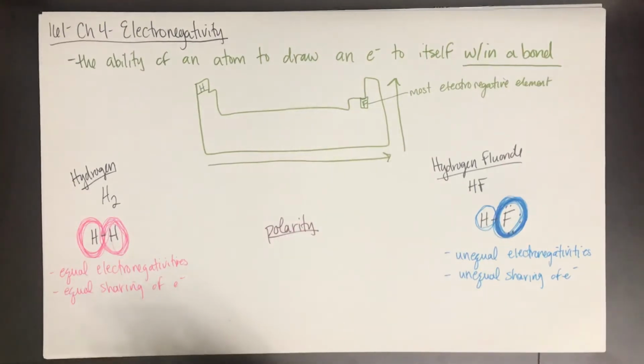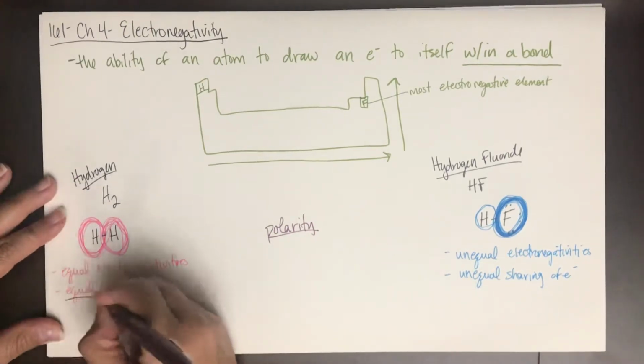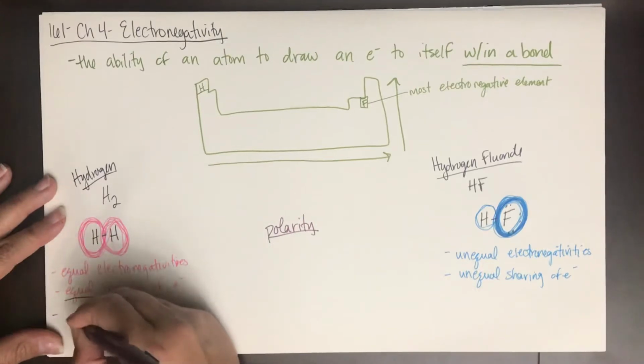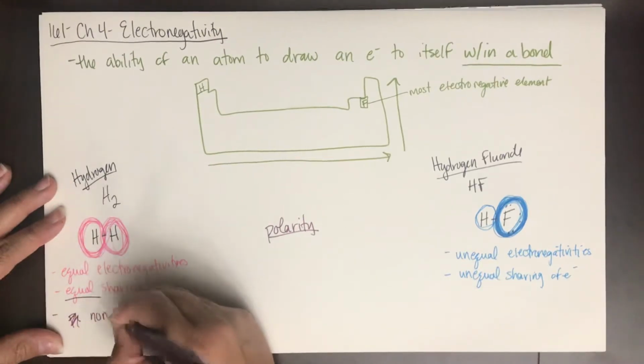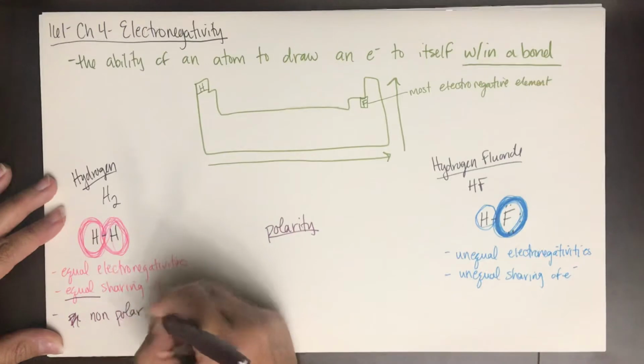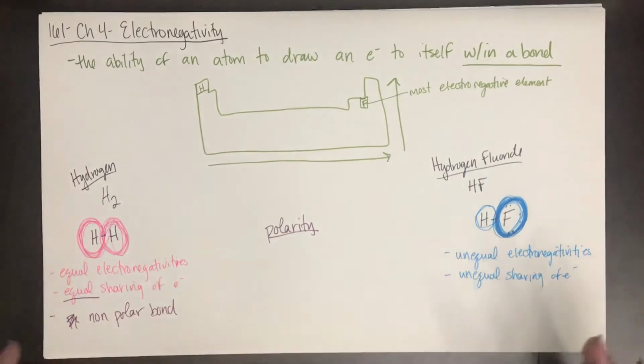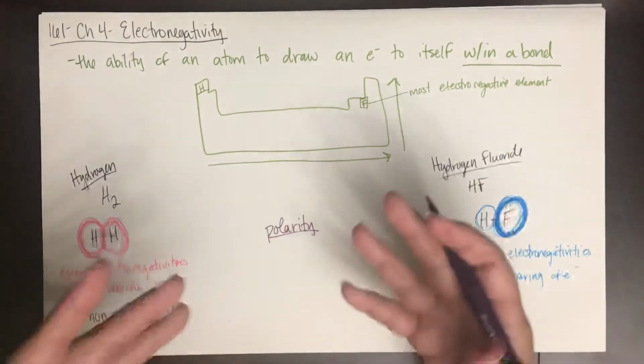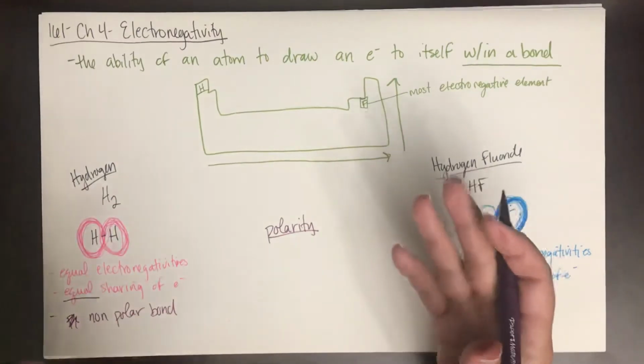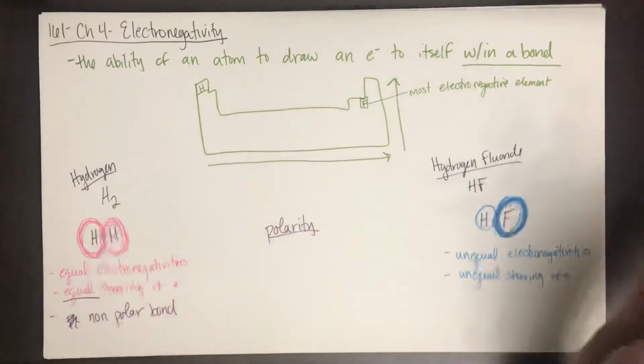Polarity has to do with the sharing of electrons. If you have equal sharing, this is called a nonpolar bond. Think of the word polarity, like the North and South Pole. They're opposites.